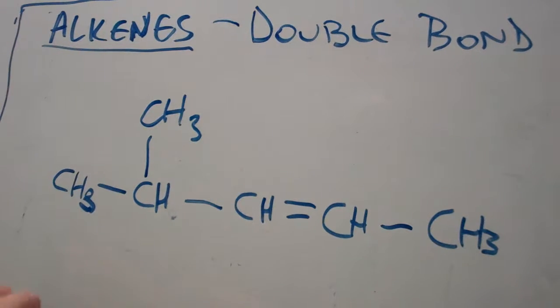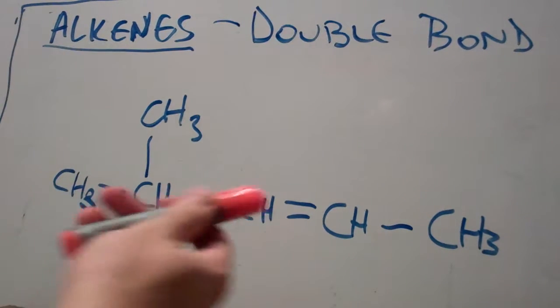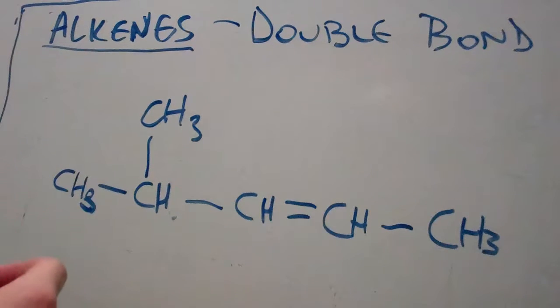We're going to name this the same way we named a branched chain alkane, but this is just a branched chain alkene. Okay, so we've got a double bond here.